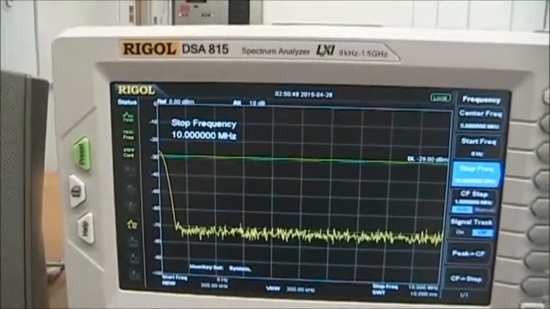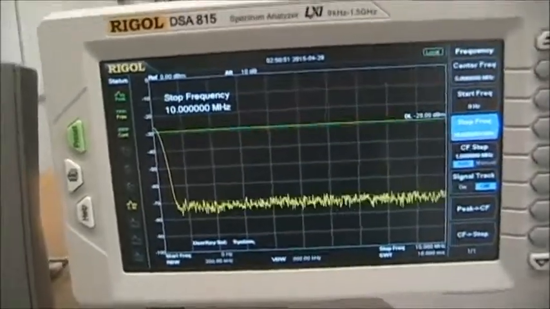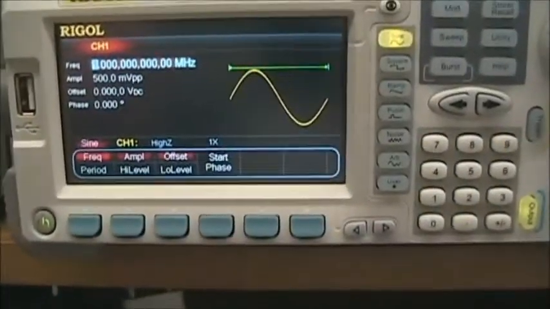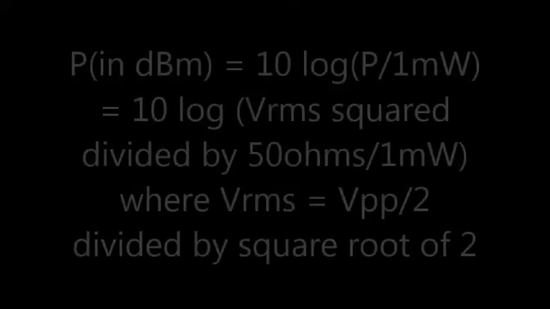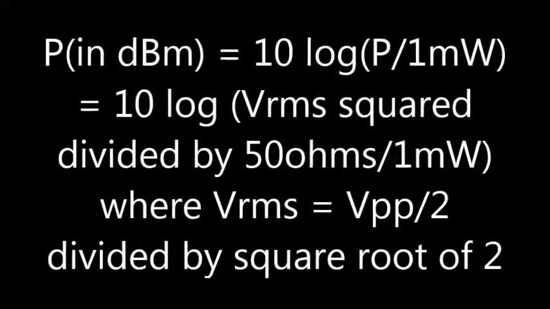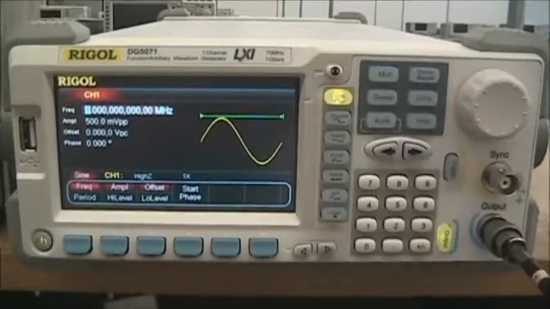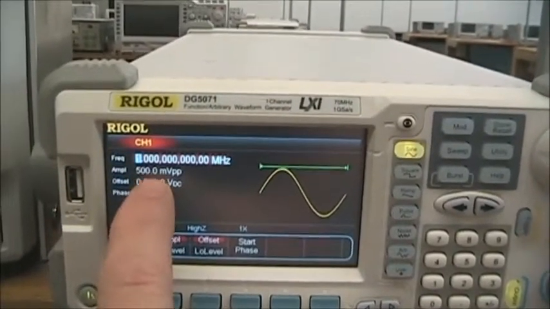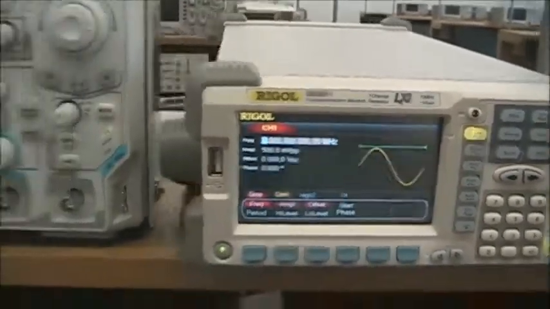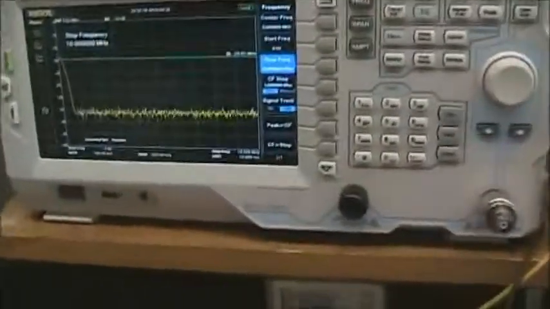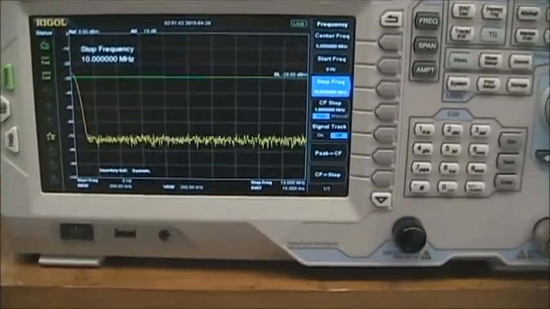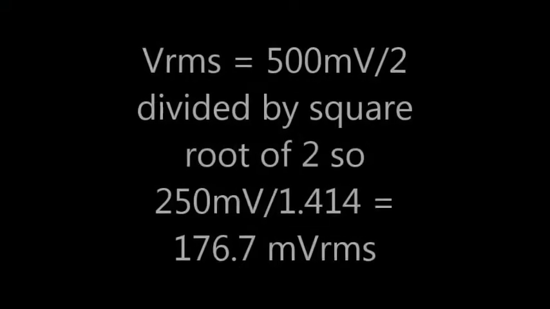If we calculate the signal level in dBm for our 500 millivolt peak-to-peak signal at 1 megahertz, we calculate a power value of 0.6 milliwatts, which is minus 2.13 dBm.